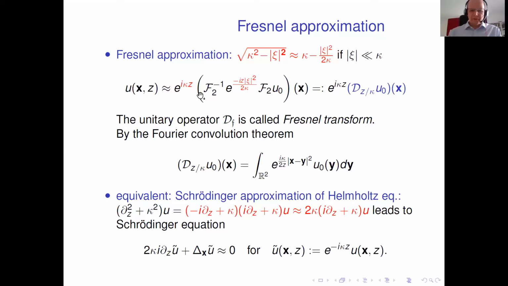This is the propagation operator for the Schrödinger equation if you interpret the z coordinate as a time coordinate. And you can also derive this differently. Okay, maybe let's leave this aside. There are many different names, paraxial equation or one-way approximation to the Helmholtz equation. There are many different derivations of this equation.